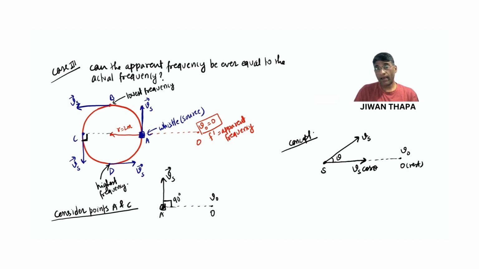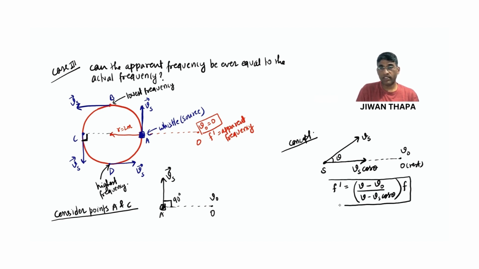Now, if we have this condition, then we can write f dash equals (v minus v naught) by (v minus Vs cos theta), times f.